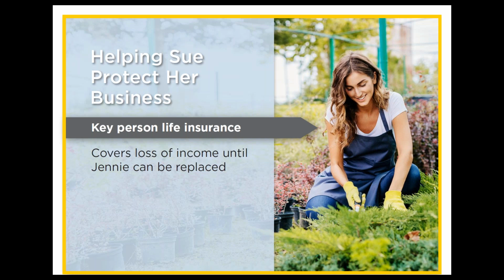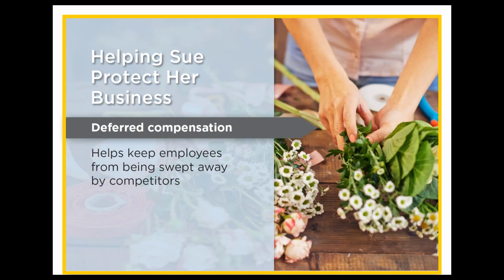She started having phenomenal results, and she walks into a coffee shop, and there's a competitor across town that happens to be at the coffee shop at the same time, and she gets offered a job that's going to pay her more than what she's getting from Sue. So we've already looked at what happens to Sue when Jenny leaves. So how could Sue protect herself and her business now that Jenny is going to a competitor?